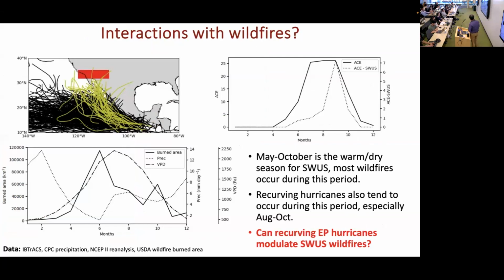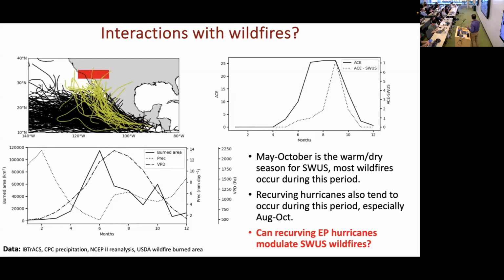In the bottom left panel, what you have is various parameters averaged over that southwest US region. The dotted line is precipitation, the dashed-dotted line is the vapor pressure deficit, and the solid black line is the wildfire burnt area. So what you will see is this region receives most of its precipitation primarily in the winter season, and the months of May to October are the warm and dry season.